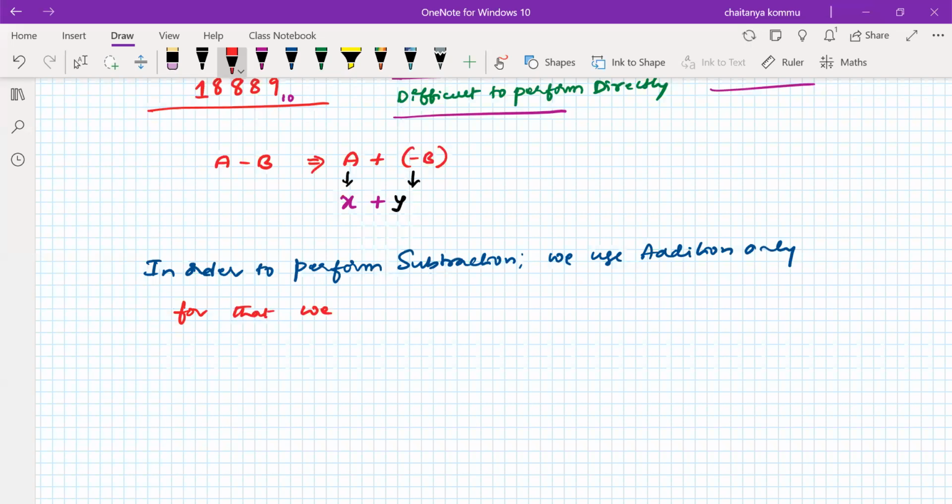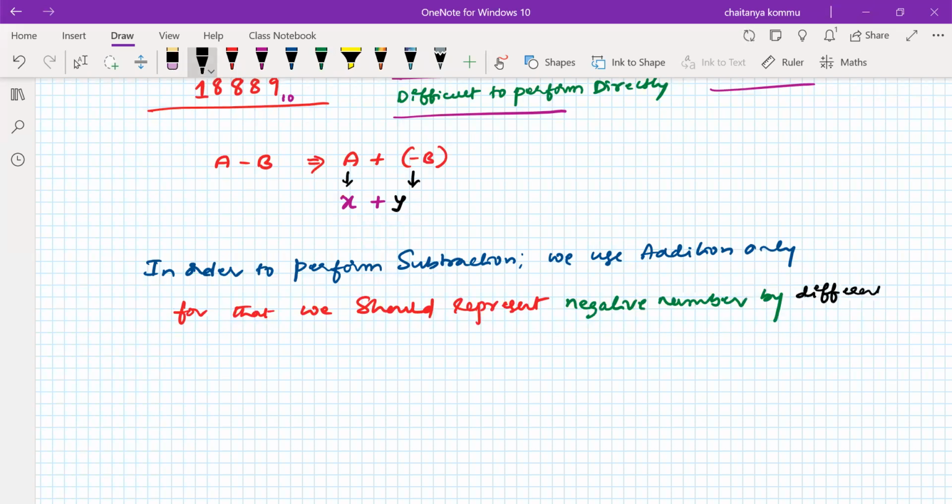For that, we should represent negative numbers by a different approach, a different methodology, a different method.